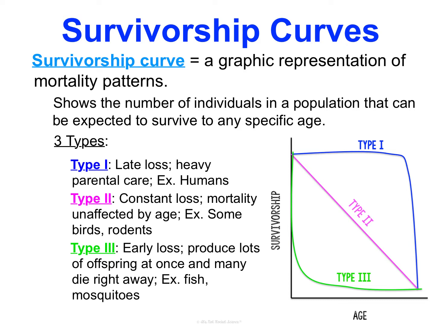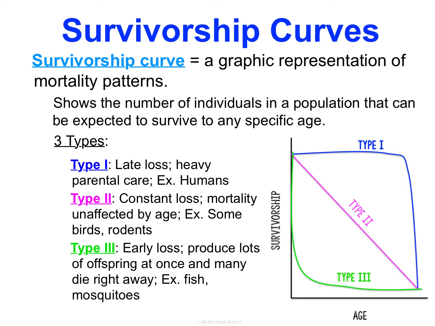If we have 12 eggs, as the birds age, they die at all these different ages, just due to predation or a variety of other environmental factors. So birds are very classic type 2 survivors. And the mortality rate is really not affected by age. It's more affected by the environment, looking for food, or just being preyed upon.